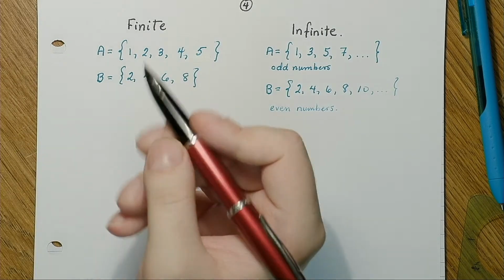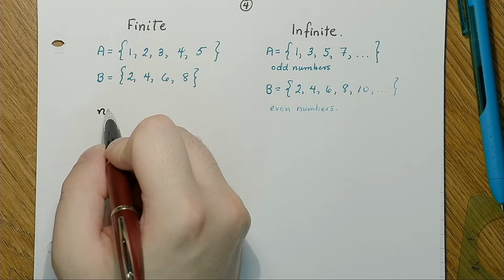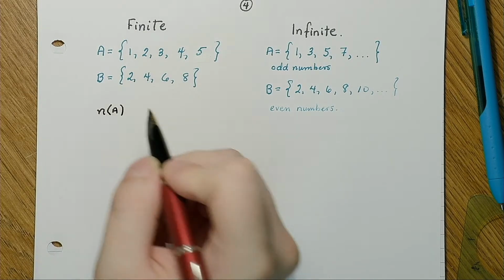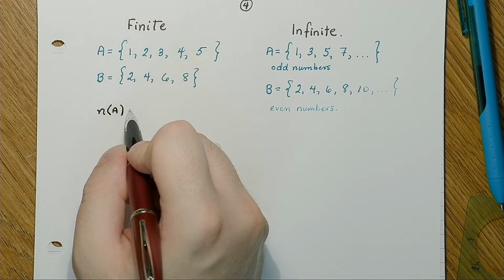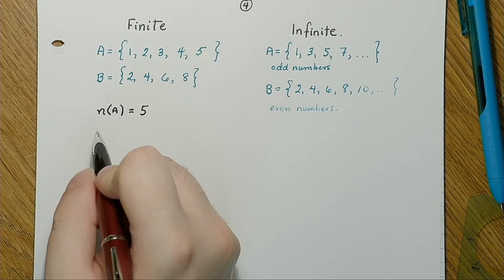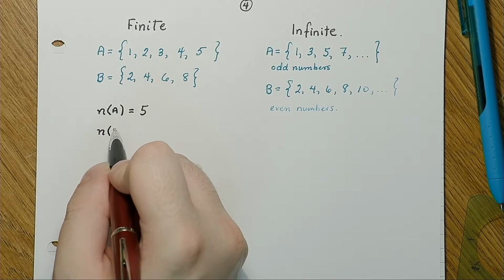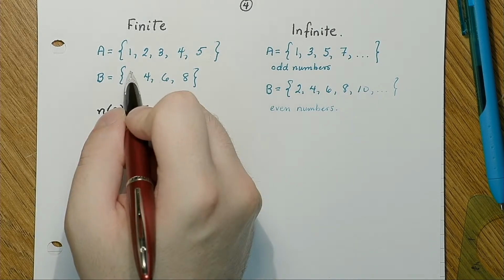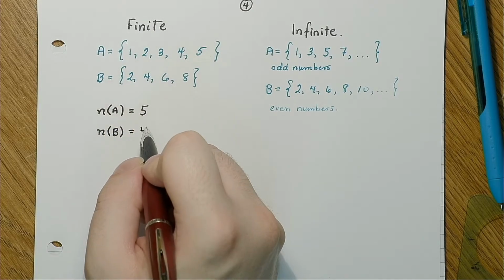So in this case, the number of elements in A is 1, 2, 3, 4, 5. The number in B here, 1, 2, 3, 4.